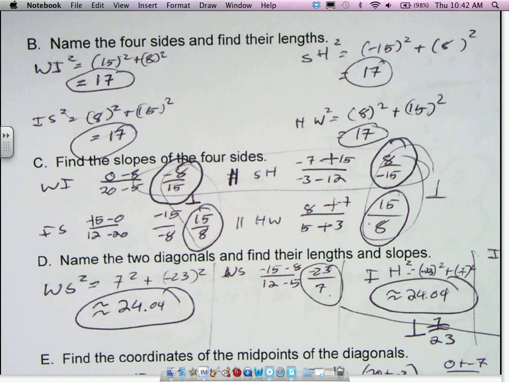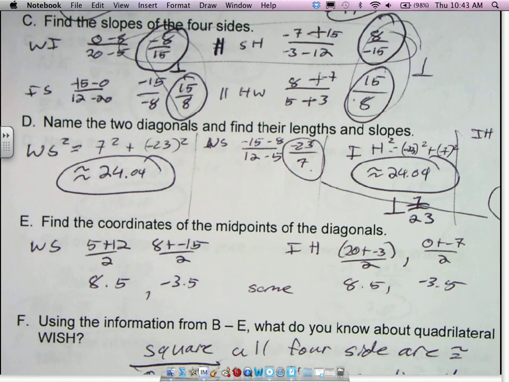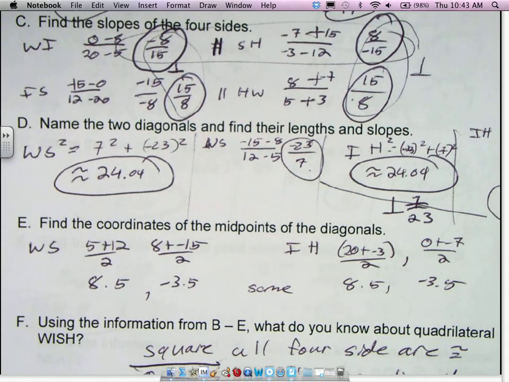So our diagonals are congruent and perpendicular. Yes. What did you say the slope was? The slope for WS is negative 23 over 7. The slope for IH is 7 over 23. Because they have to switch signs to be perpendicular, right? Okay. We are going to move on to E, so I'm going to cover up B now.